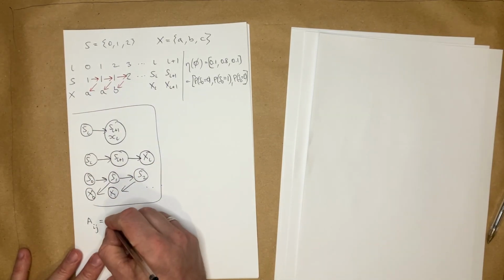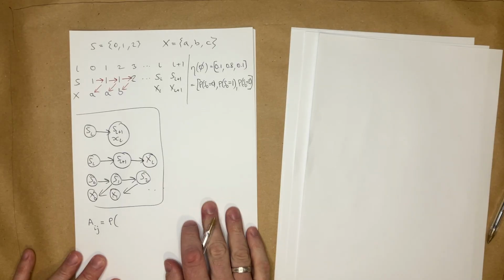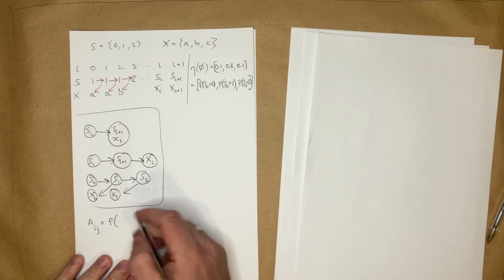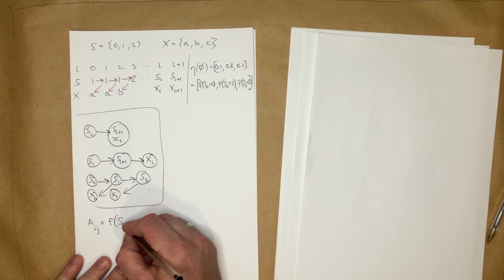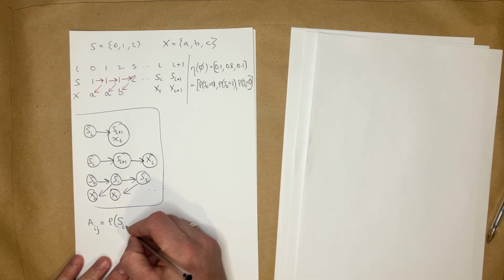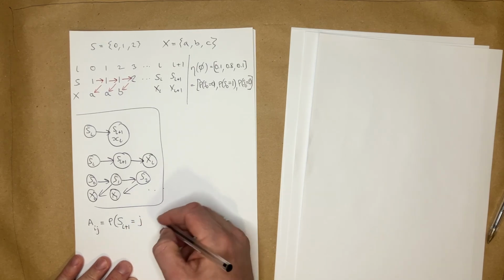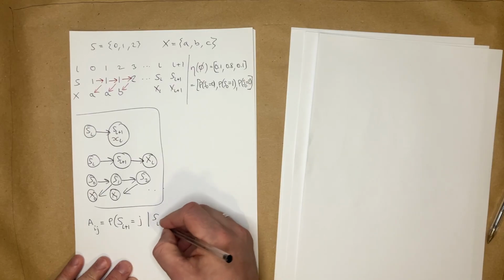So it's the probability, and I'll explain I and J in a moment, that you go to state J at the L plus 1th step, given that you're in state I at the Lth step.